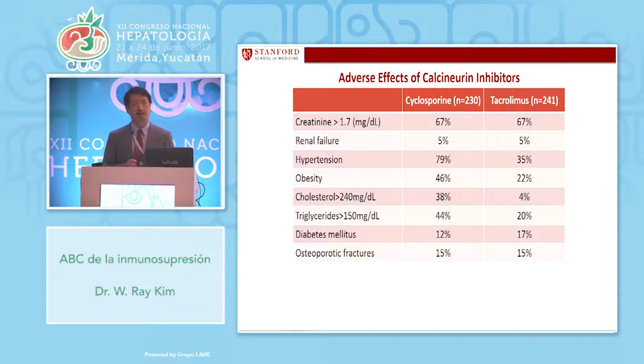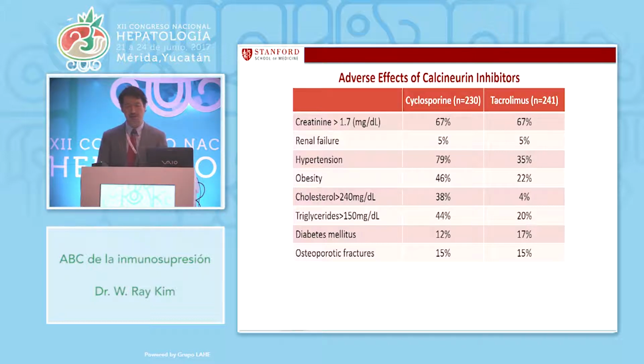Adverse effects are fairly numerous for calcineurin inhibitors, and this compares cyclosporin and tacrolimus. You can see the renal toxicity is common to both drugs. Hypertension is more common with cyclosporin. Obesity is more common with cyclosporin. Hypercholesterolemia, including cholesterol and triglycerides, is more common with cyclosporin as well.